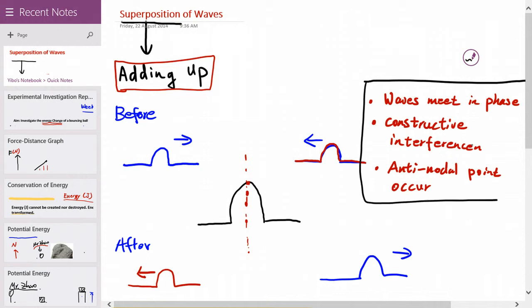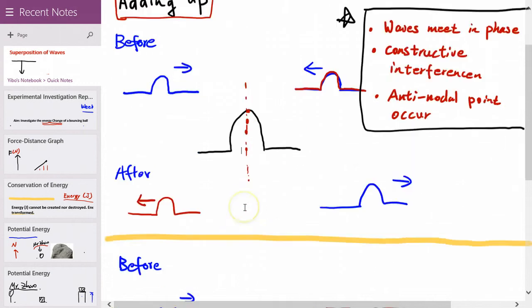You are expected to be able to do this. So the idea is in the exam or in year 12, when you see two waves meet like this, you need to be able to tell me waves meet in phase, constructive interference occurs, and we have antinodal points occur in the center here.